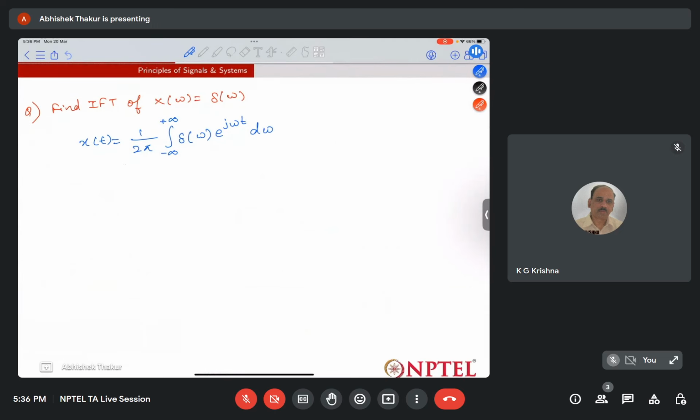Now after this integration, as this delta omega is valid only at omega is equal to 0, this will become 1 by 2 pi e to the power of j omega t at omega is equal to 0. So it will become 1 by 2 pi, and simply this integration will become 1.